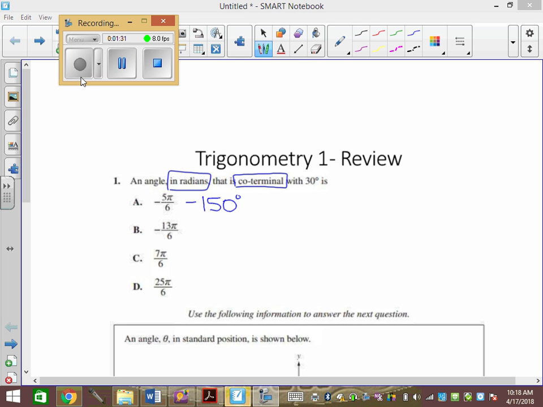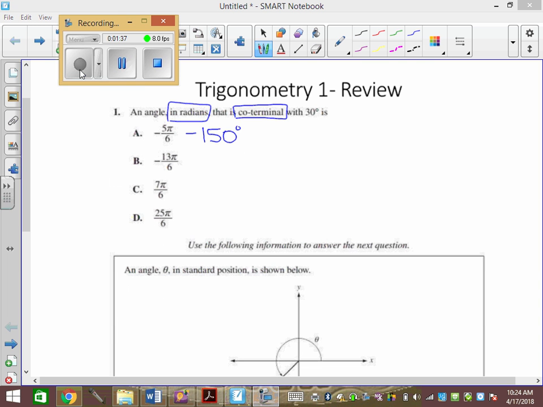You should all be trying these out to convert because that's what you're going to need to be able to do. Okay, negative 13 pi over 6. Zach, what'd you have? 7 pi over 6. 25 pi over 6.